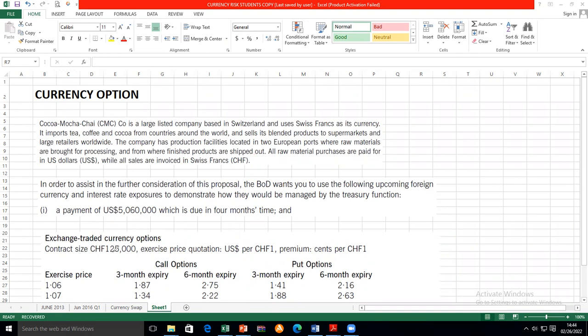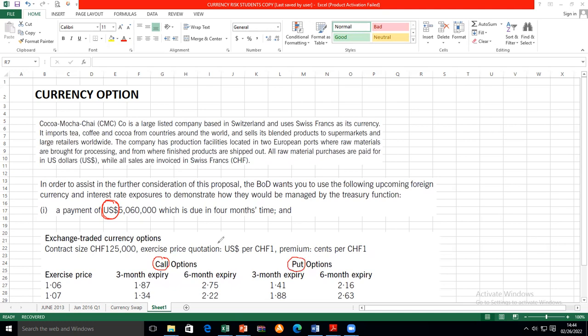We want $5 million. So what right do you need? Do you need a call option or a put option?